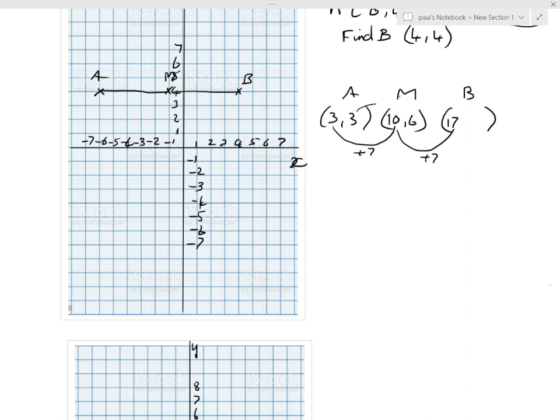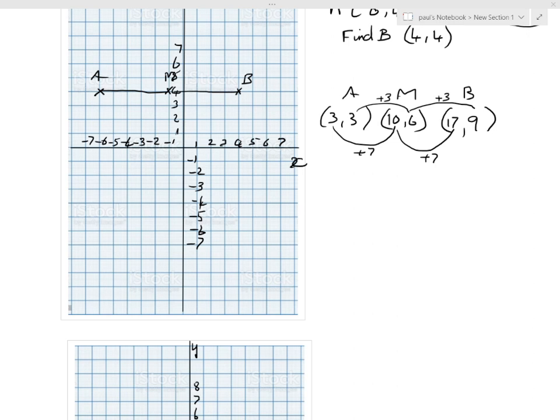Then we need to go from 3 to 6, which is plus 3, and then plus 3 again till we get to the end, which is 9. So 17, 9 is the far end. So that's how we're doing the midpoint without the graph.